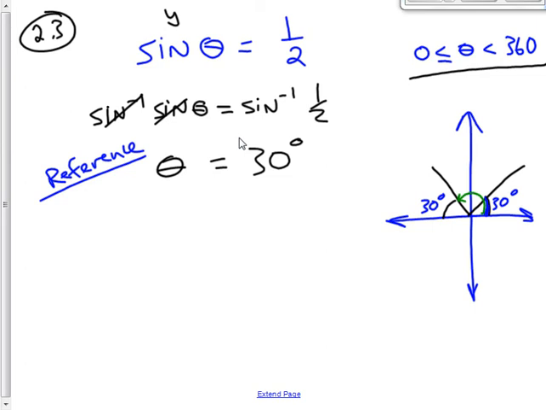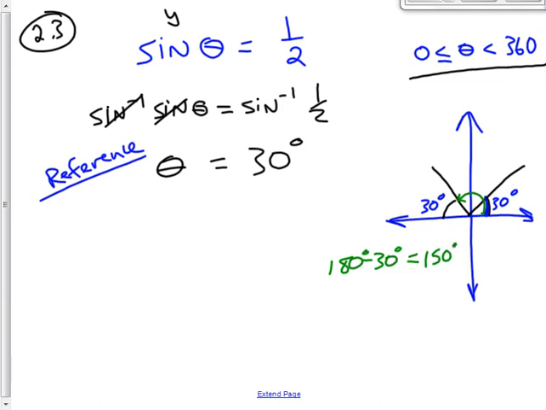And so one of my angles is this angle, because it's in the first quadrant, and you'll see as we go along that this portion of it will make a little bit more sense. But the angle in green is actually 180 minus 30, which is 150 degrees.